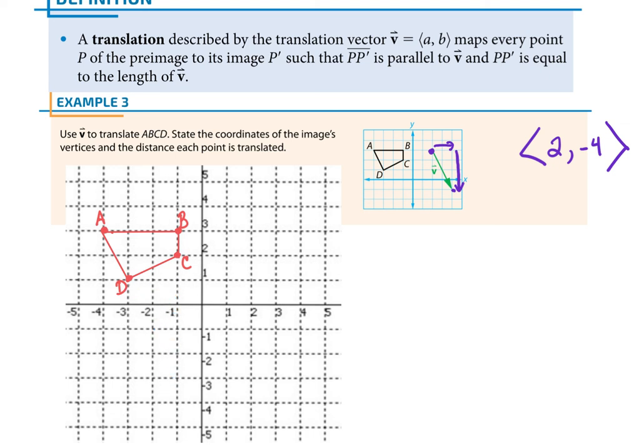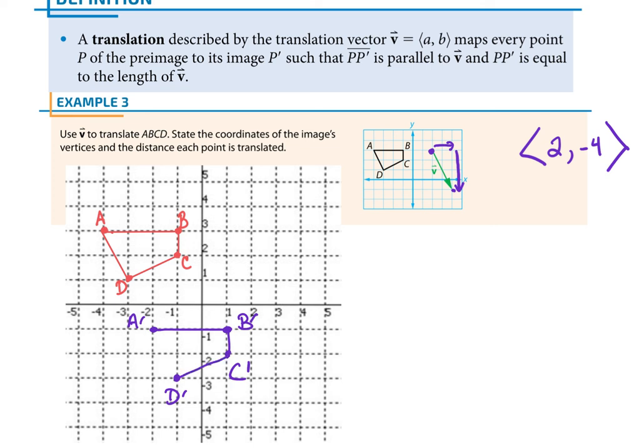That will be my D prime. C, 2 to the right, down 4. And that will be my C prime. And we're going to do this with every single one of these until we have all of our movements where we need them. And then once we have all of our movements, we're going to just connect those.